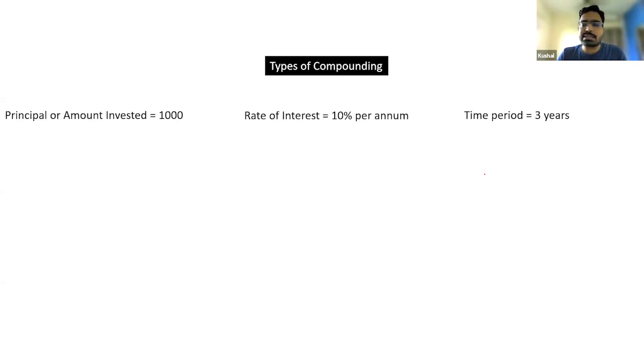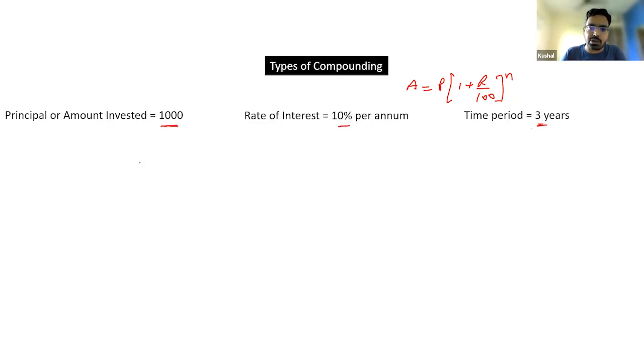So now let's take one example and try and understand how and what will exactly change in our formulas. Now, the formula that we have referred to is amount is equal to principal into (1 plus r by 100) to the power of n. This is the amount that we have referred to. Now, principal value invested was 1000 rupees, rate of interest was 10% per annum, and time period was 3 years.